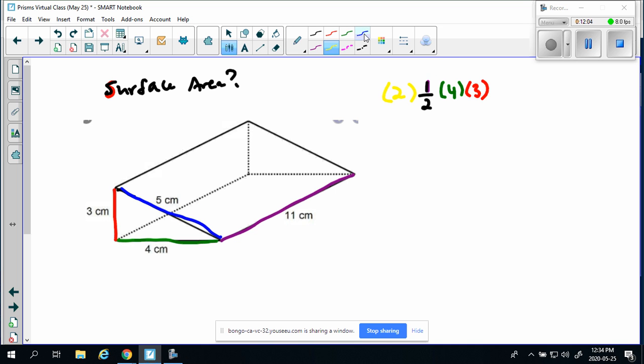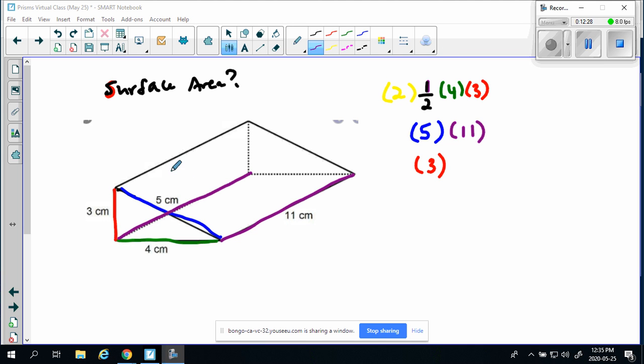But then when you think about the 3 faces, they're all actually different. So there are no duplicates. There's the 5 times 11 face, blue and purple. And then there's the 3 times 5. Is there a 3 times 5 face? Actually, I don't think that there is a 3 times 5 face.